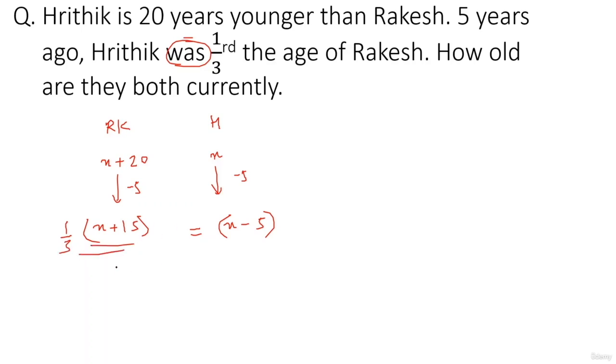So you can cross multiply, you will get X plus 15 is equal to 3 times, on the other side it will come, 3x minus 15, that gives you 2x equals to 30, or x is equal to 15. So you can substitute: Ritik's current age is 15 and Rakesh's current age is 15 plus 20, 35.